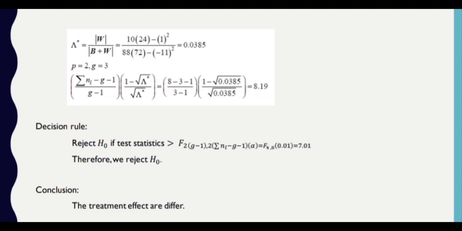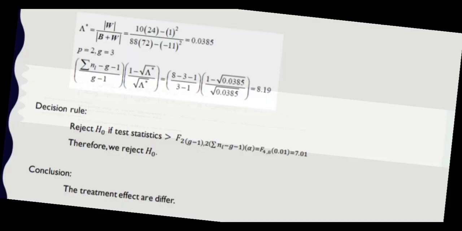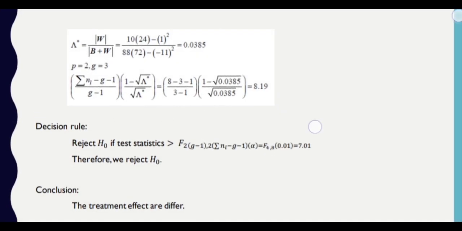The conclusion can be made is the treatment effects differ, ataupun macam mana you nak explain another way how you can conclude adalah there are significant difference of all variables among the 3 population. Kita ada 3 population tadi, kan?